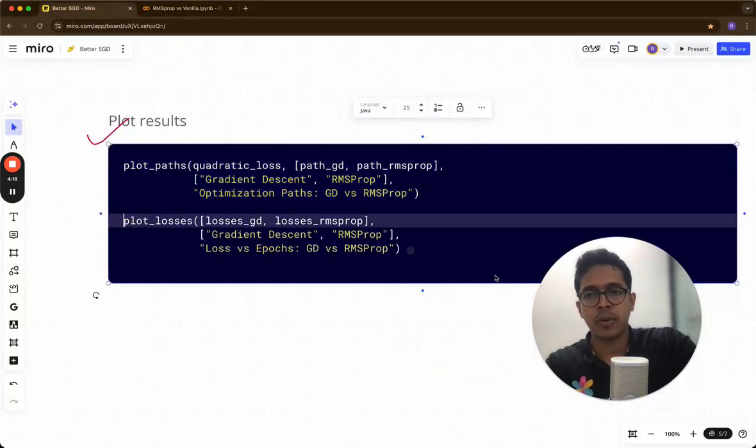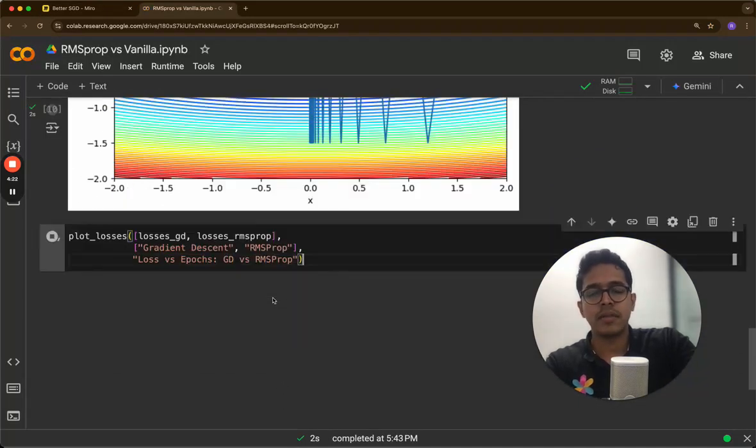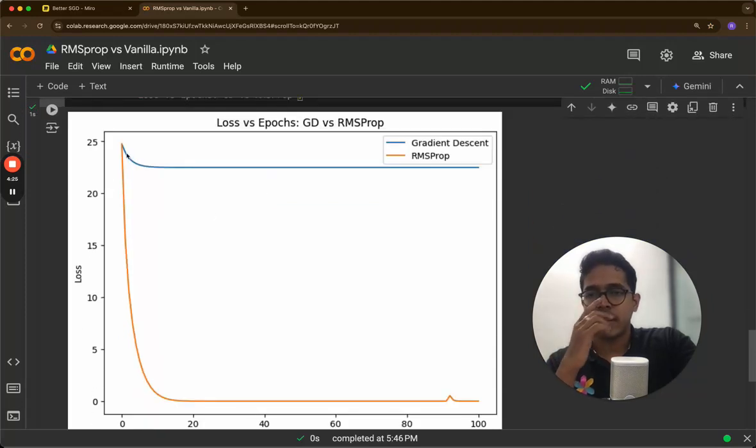So let's plot the loss, and here you can see that the loss in the case of gradient descent is 22.5 in the asymptotic case, and you can see that the oscillations are not there, unlike in the case of momentum. In momentum there were oscillations, the value of the loss was decreasing, then increasing, decreasing, increasing, and finally settling down.